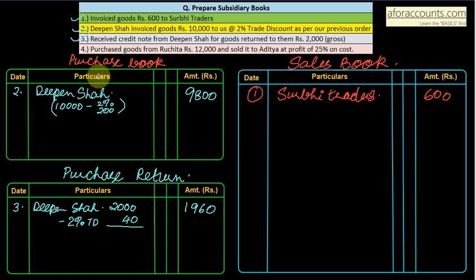Point number 4. Purchase goods from Ruchita rupees 12,000 and sold it to Aditya at profit of 25% on cost. So this point has two types of transaction. One is purchase and one is sales. So first mark purchase goods from Ruchita 12,000.